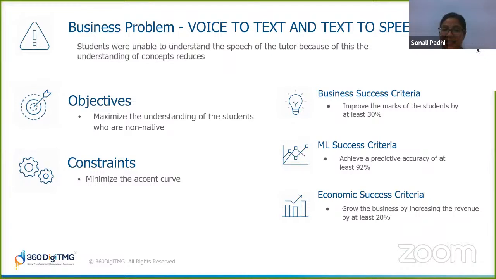When we understood the business problem, we noted down the business objective, which was to maximize the comprehension of educational material for students who are non-native English speakers. When we further brainstormed on this problem, we noted that we had to put a constraint here also, which was to minimize the accent understanding curve of different speakers of different nationalities. So this was the whole business problem for this project.